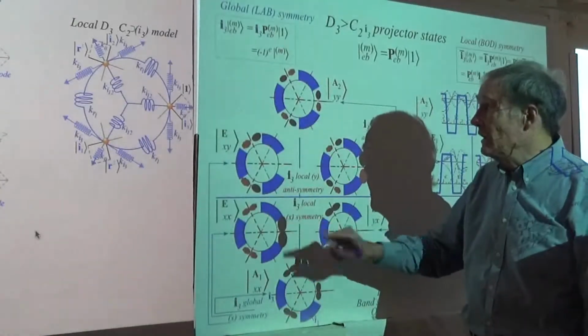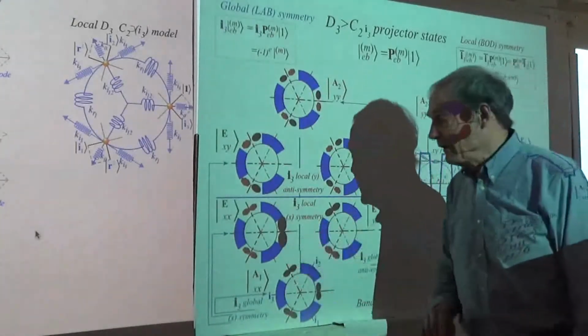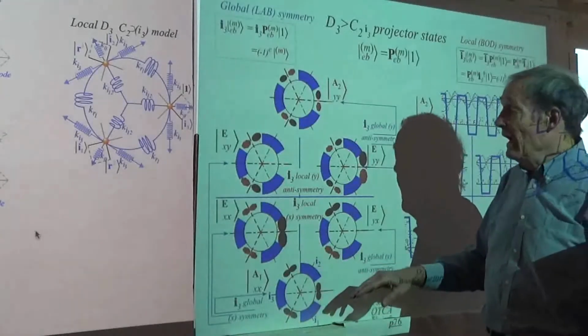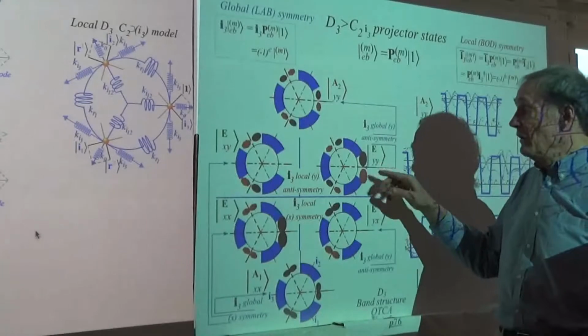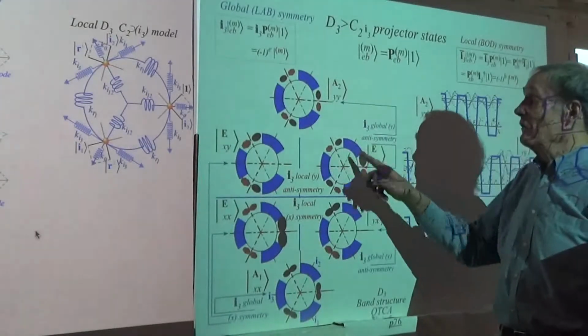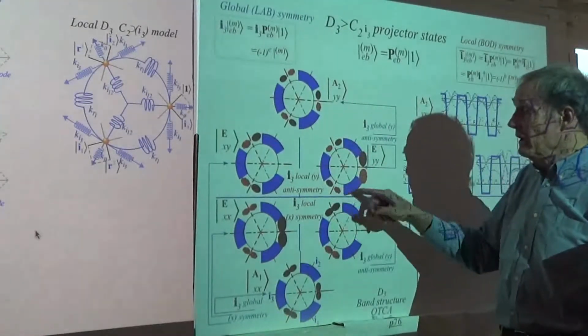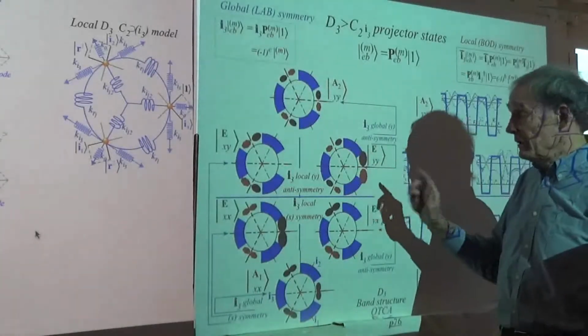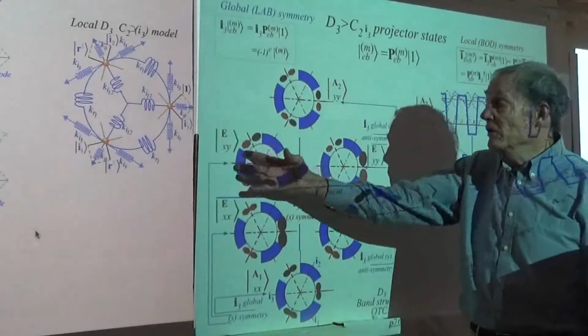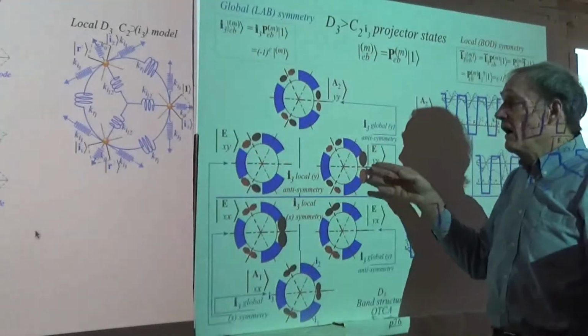These had the same sign. Black and black is the same. Whereas this one over here is quite the opposite. This one has a global anti-symmetry, but also has local anti-symmetry. The waves inside each of the localities are anti-symmetric. So is this one. These two come as a pair.